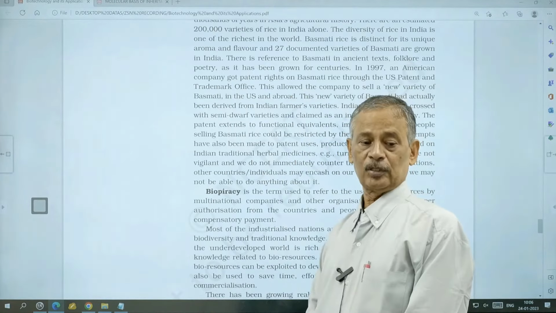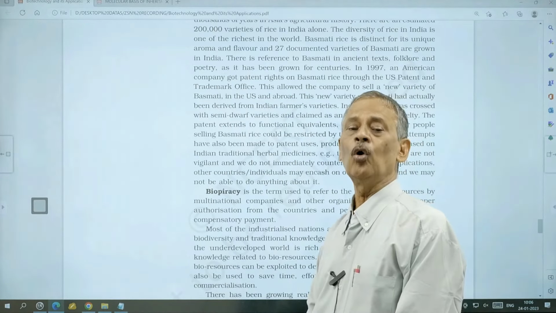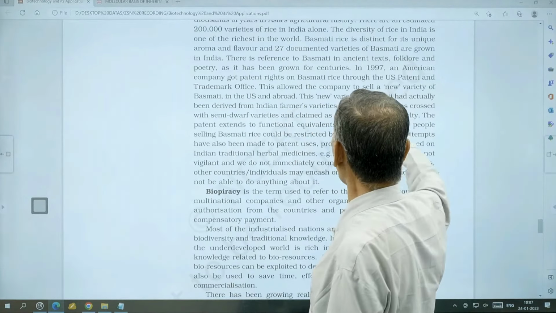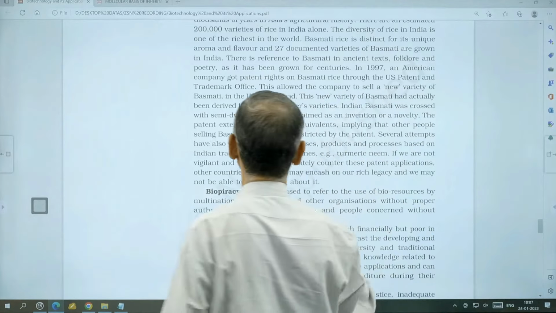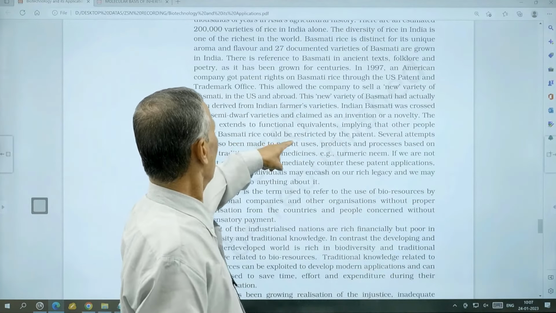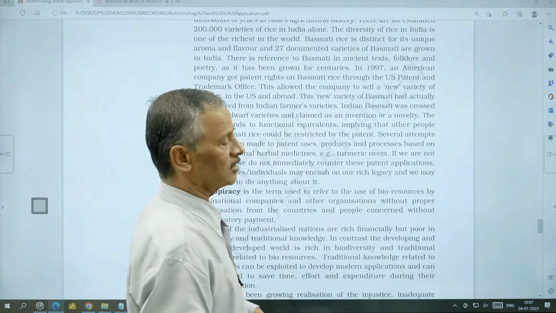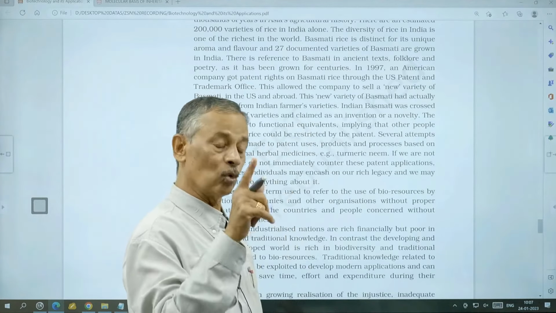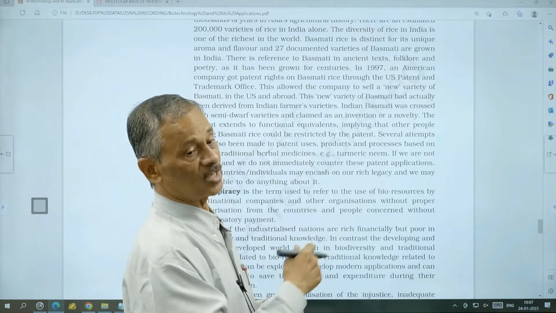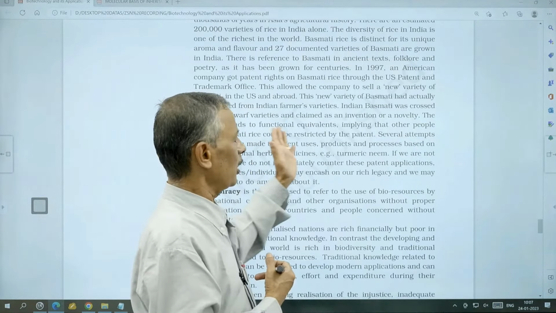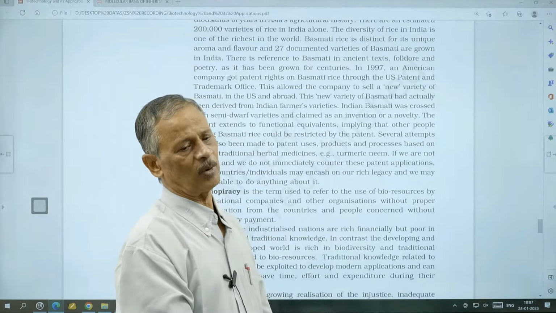Under this, not only did they have the right to market it, but people selling basmati rice all over the world could be restricted by the patent. That is, they would determine who could deal in the selling of this basmati rice. So that was a classical example of biopiracy.